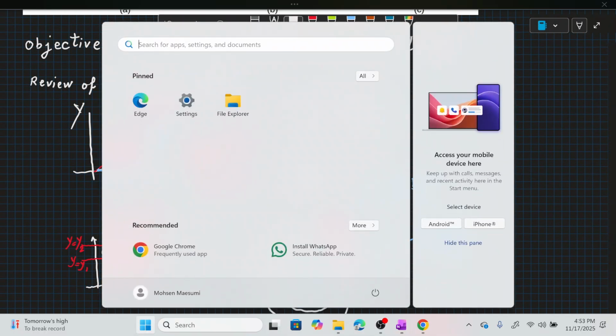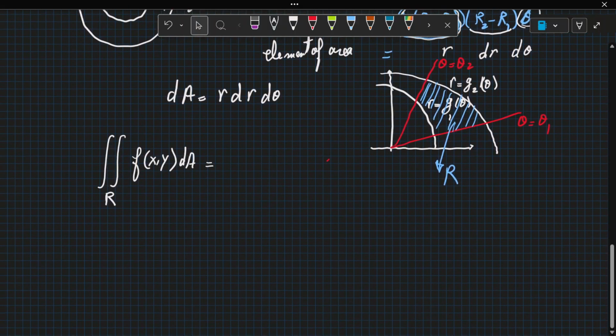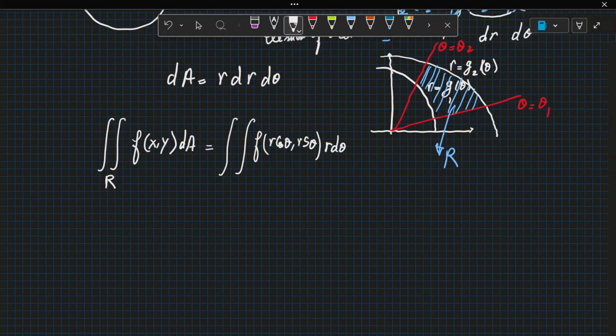And then we have a double integral. So f of, instead of x, we have r cosine theta. Instead of y, we have r sine theta. Instead of dA, we have r dr, and then d theta.